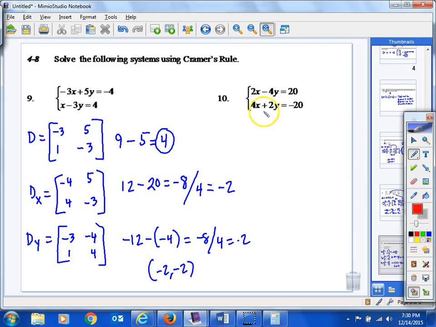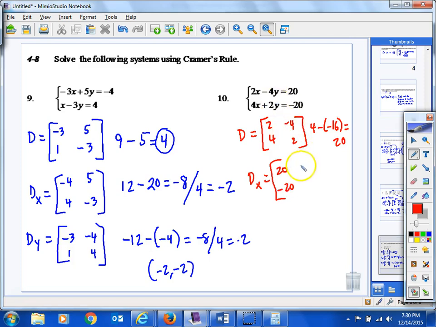Okay, and we'll just go ahead and run through this one as well. So find the determinant of the coefficients. 2, 4, -4, 2, 4, minus -16 is 20. Okay, find d sub x, replace the x's, don't replace the y's, just leave the y's alone.